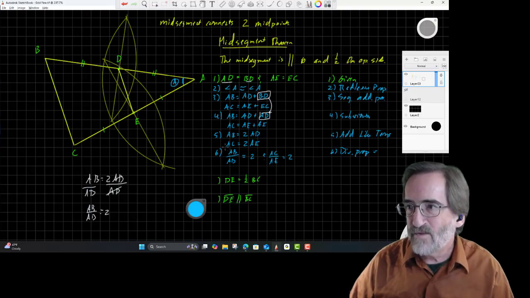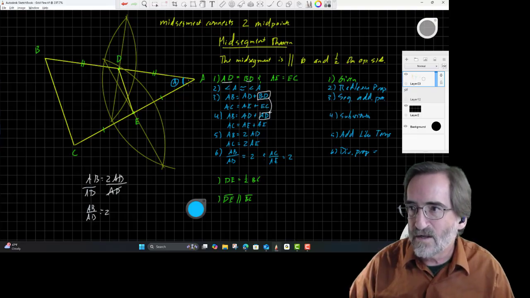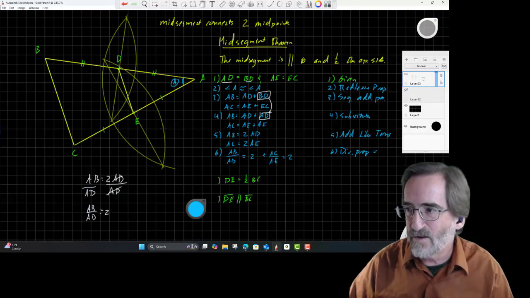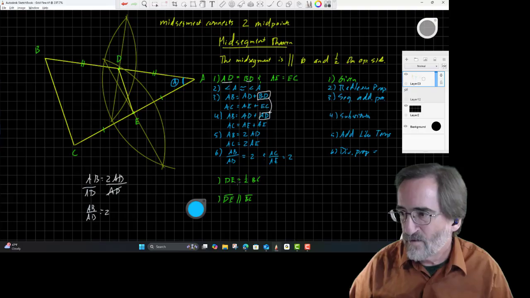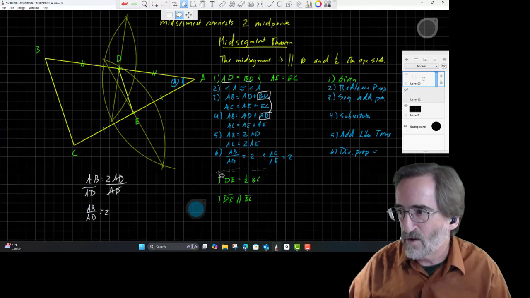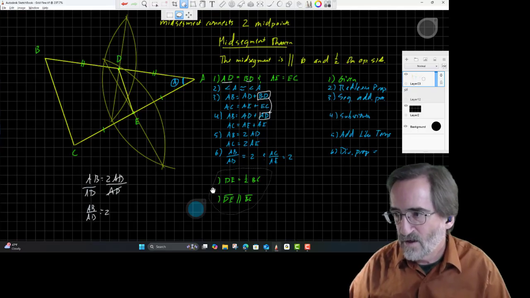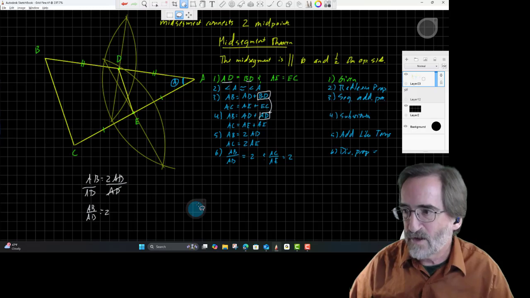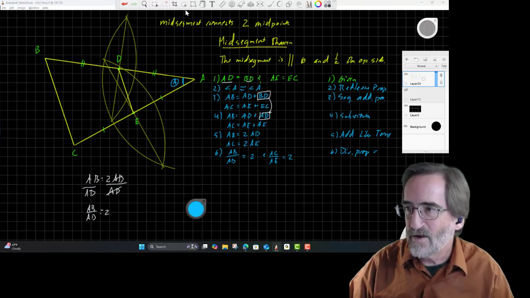All right, so AB is to AD, AB is to AD so they're equivalent, right? Let me get rid of this down here. I'm just going to remember what our conclusions are. Then we're going to need some more space. Didn't leave enough room.